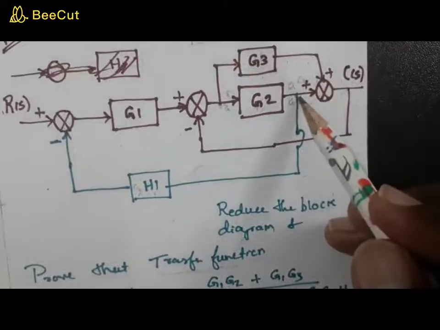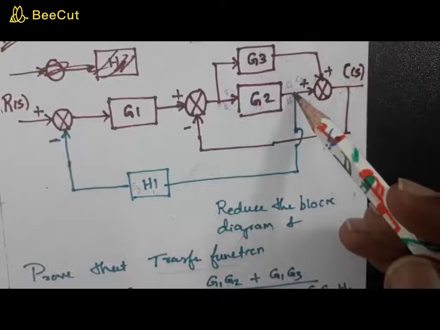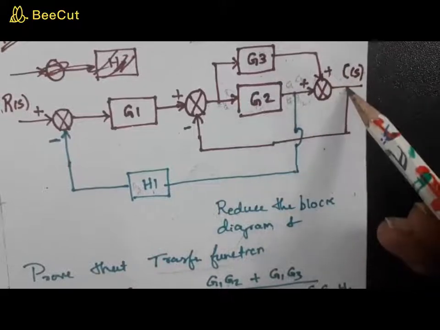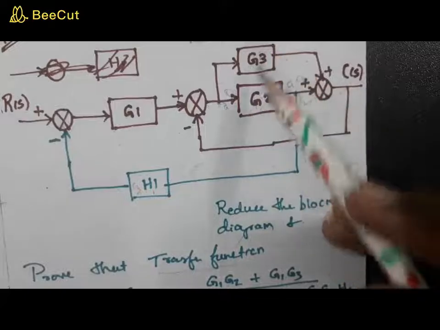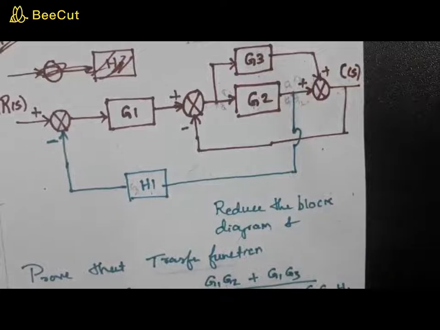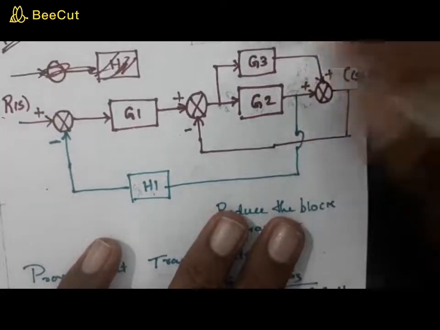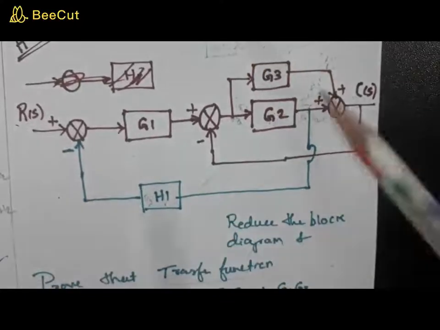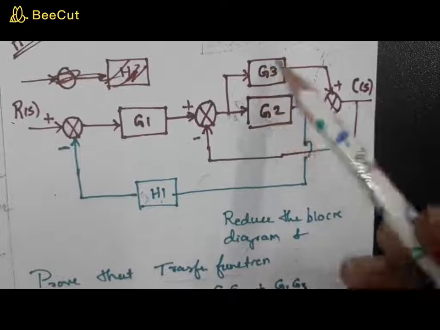Now, when you look at this point, you have a tendency to move this to this side, right? So if you move this, you feel that this becomes parallel. Before moving this, one of the important mistakes that students commit is to write this as a parallel block.